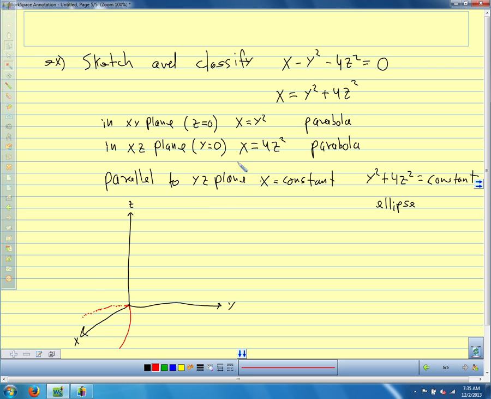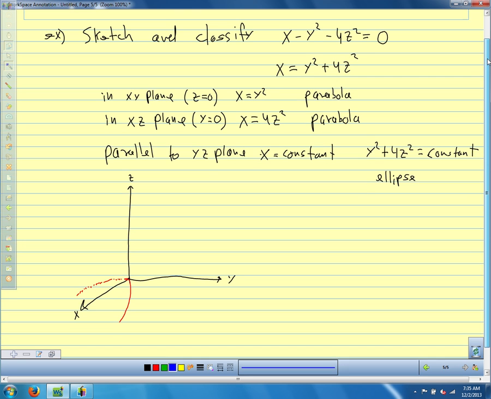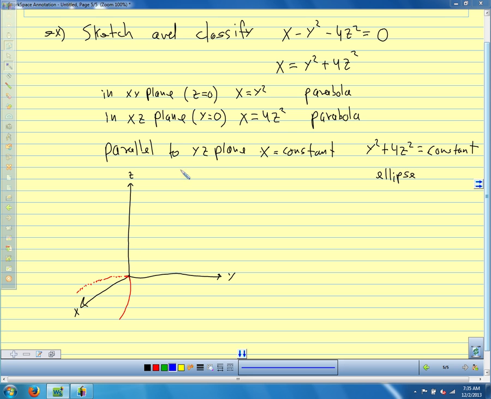In the xz plane, I get another parabola. So I'm going to do that in blue. This can get kind of messy here, but in the xz plane we get a parabola in this plane, like so, and down below, like so. So we get these parabolas opening up along the x-axis.